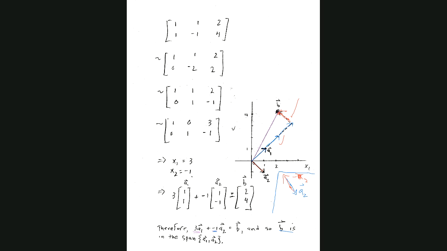And we call a1 and a2 the spanning set. As a matter of fact, any vector in the x1, x2 plane would be in the span of a1 and a2.